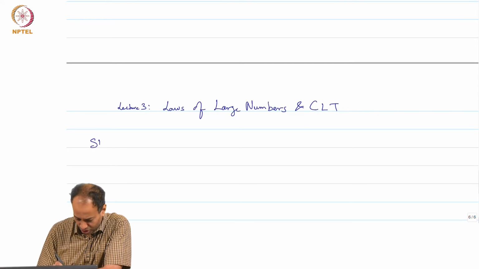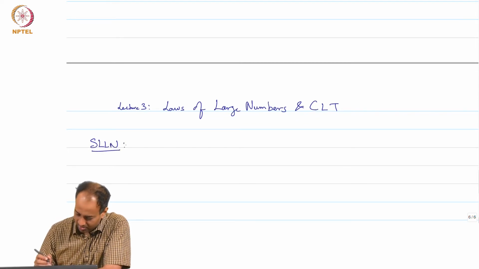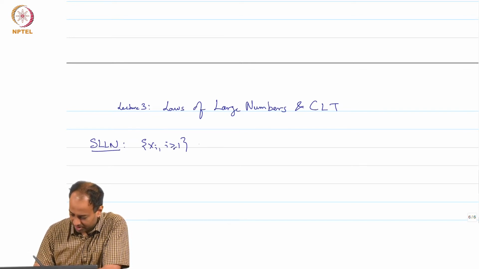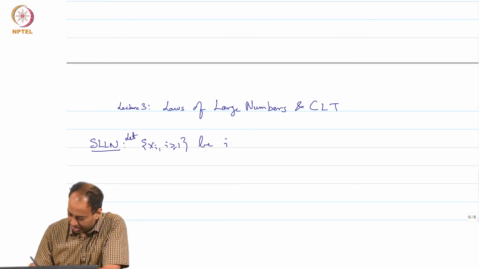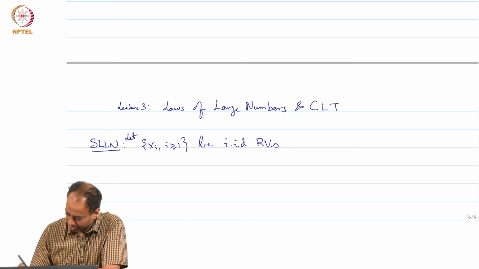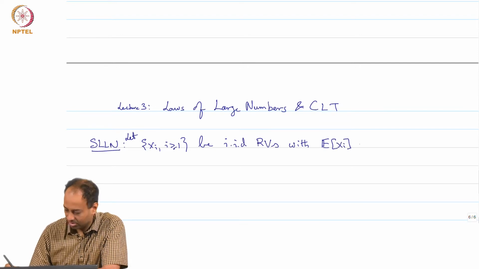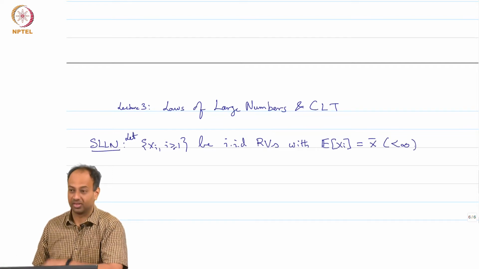There is a strong law of large numbers. We basically take a sequence of random variables Xi, independent and identically distributed, with expected value of Xi equal to some X bar, presumed to be finite.